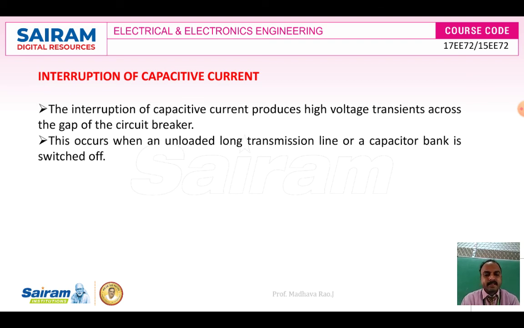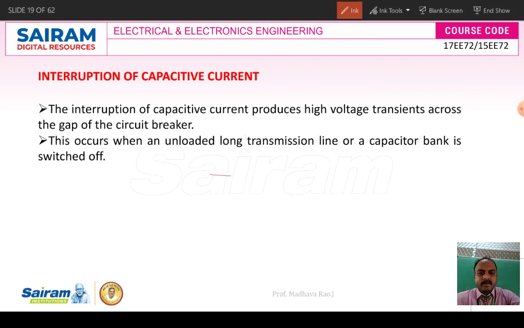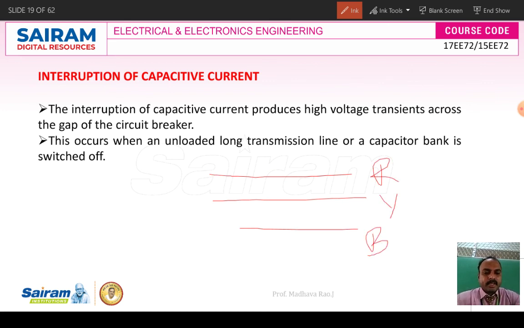This occurs when unloaded long transmission lines or a capacitor bank is switched off. We have three transmission lines, R, Y, B, which are long and not properly loaded. Under such unbalanced load conditions, interruption of capacitive current appears.